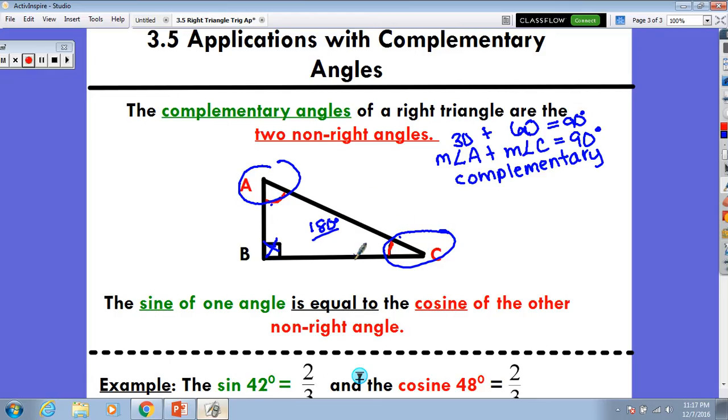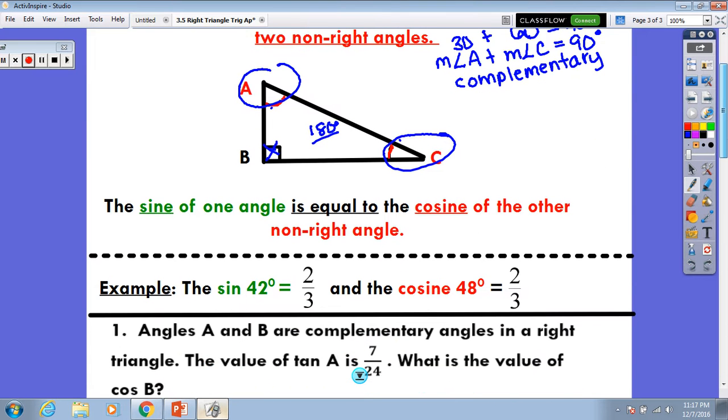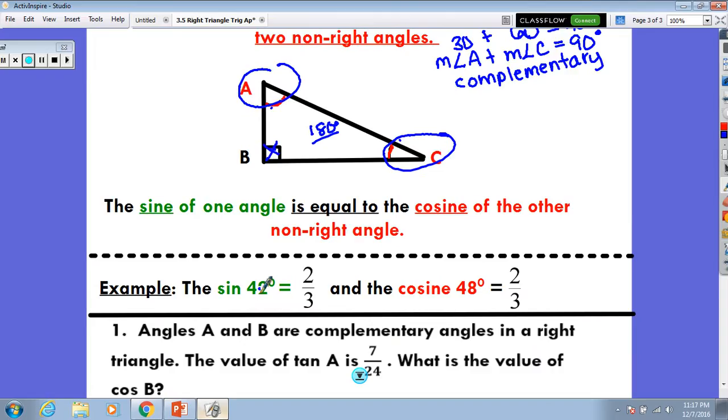Okay? So the way that the sine and the cosine function work is the sine of one of my complementary angles will be equal to the cosine of the other angle. So, for example, right below here, I said the sine of 42 degrees equals 2 over 3.